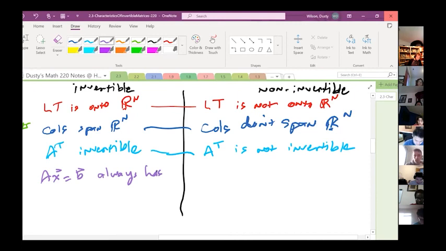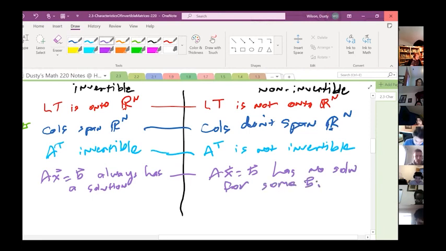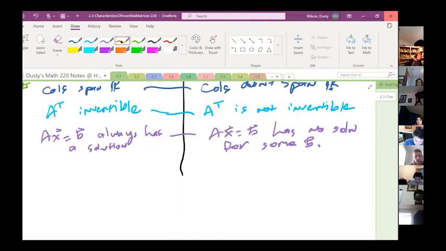So AX equals B always has a solution, or it has no solution for some B. There's a lot of equivalent statements here. You could have the linear transformation is not one-to-one, or the linear transformation is one-to-one.